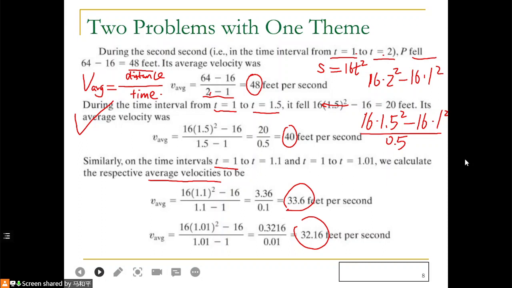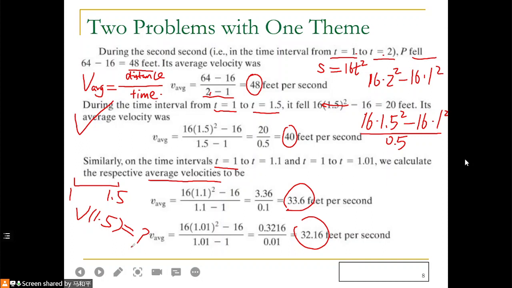From 1 to 1.5, the average velocity is 40. And the next are 66.6 and 62.16. But this is not at an instant, it is during 1 to 1.5. If we want to find the velocity when t is 1.5, how do we calculate it?